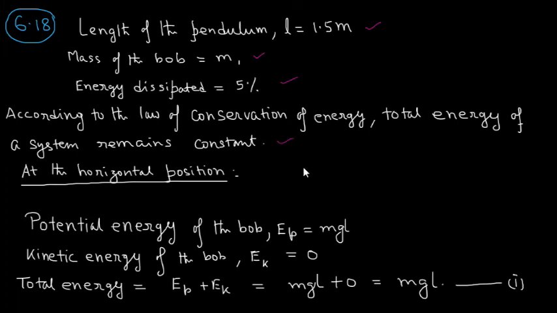At the horizontal position, potential energy of the bob EP is equal to mgl. Kinetic energy of the bob EK is equal to 0. Total energy is equal to EP plus EK, that is mgl plus 0, that is mgl. This is equation 1.